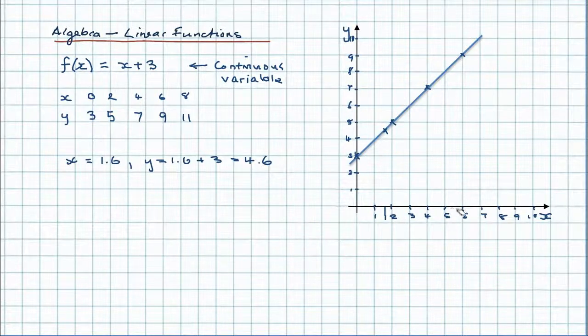For example, if I read along here to 6 and go up here, then I get 9. But if I wanted to find out something in between, say 5, I read up here and find out that my y value will be 8. Or if I went to 3.5, then I can read off the graph here that my y value is 6.5.